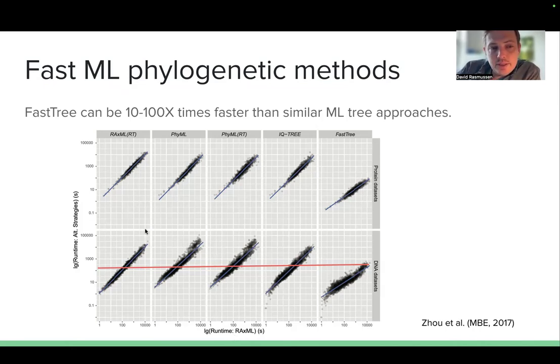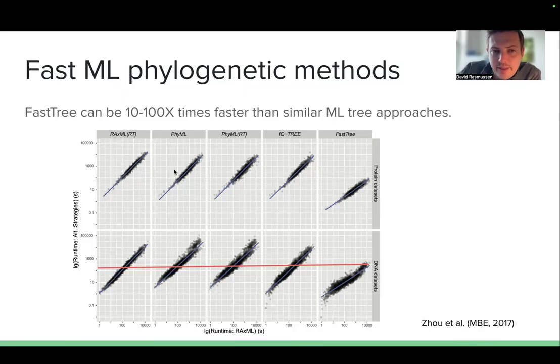And so you can see that basically on a log scale, runtimes always increase linearly with sample sizes. So that means, of course, on a linear scale, these runtimes are growing exponentially with sample sizes, as we might expect.